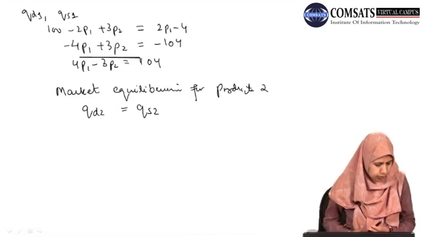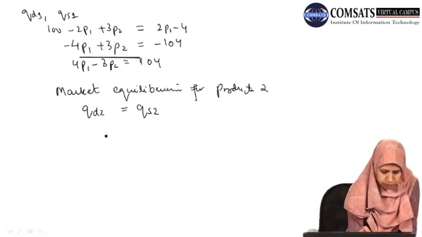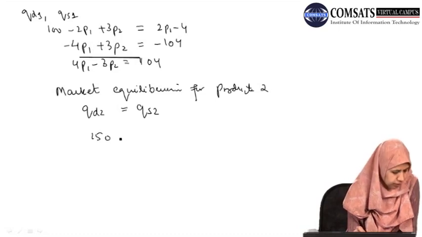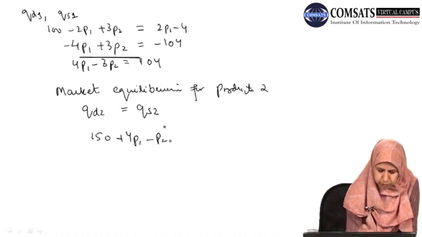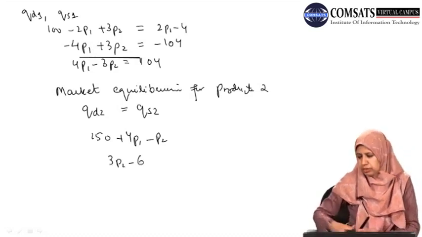The demand function for the second product was 150 plus 4P1 minus P2, and the supply function was 3P2 minus 6.